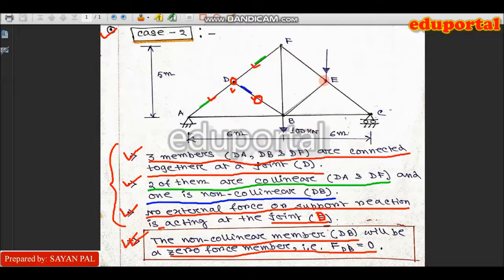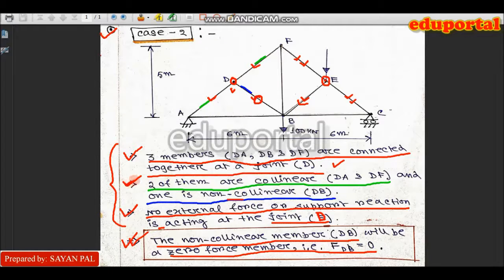We can see that at joint E, there are also three members connected, that is EF, EC and EB. So the first condition is satisfied. Two of them are collinear, so EF and EC are collinear and one non-collinear member, so EB is non-collinear.